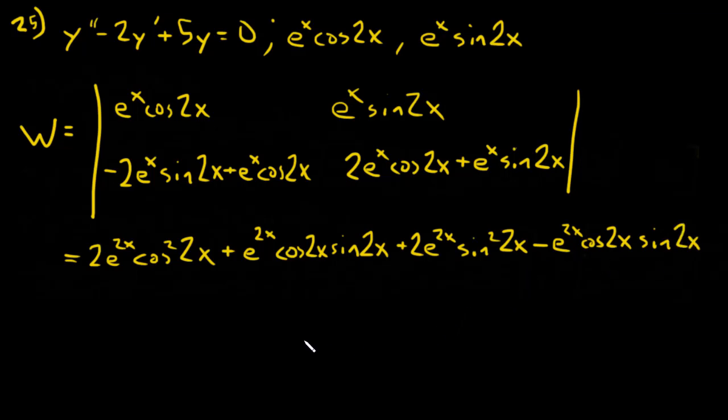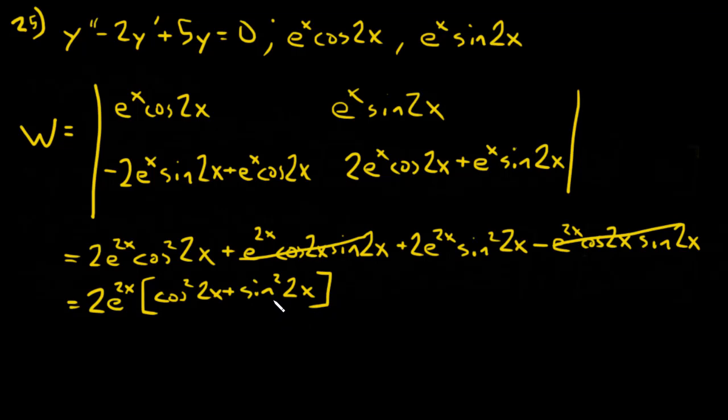Alrighty, so let's simplify this. So this and this cancel, and I'm left with this plus this. So I'm going to get 2 e to the 2x, they both have that in common, times cosine squared 2x plus sine squared 2x.